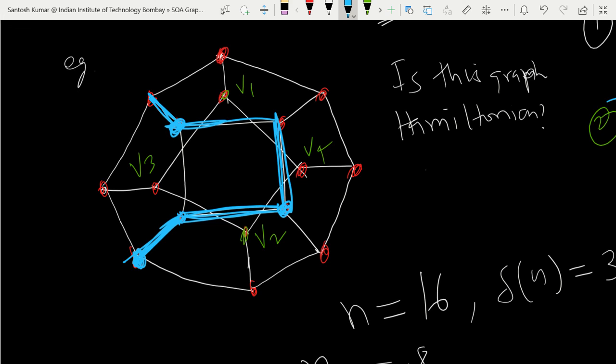Okay, no problem. Let's go this way. So you come here and come here. Now what can we do? We can go here, and I have to get back to where we started.